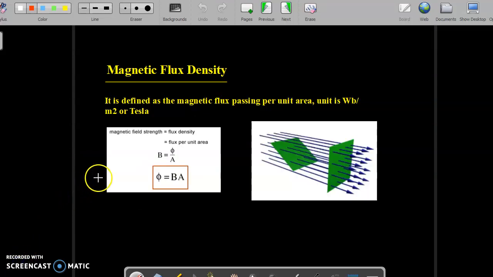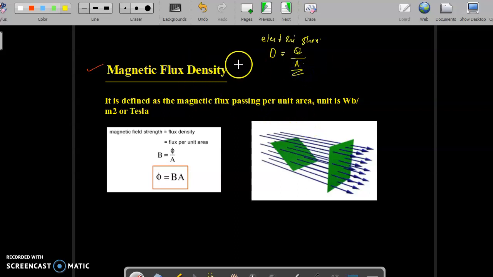Now there are certain terms associated with magnetic fields. A very important term is the magnetic flux density, similar to the flux density we studied earlier, the electric flux density, D. We know that D is Q by area, charge per area.